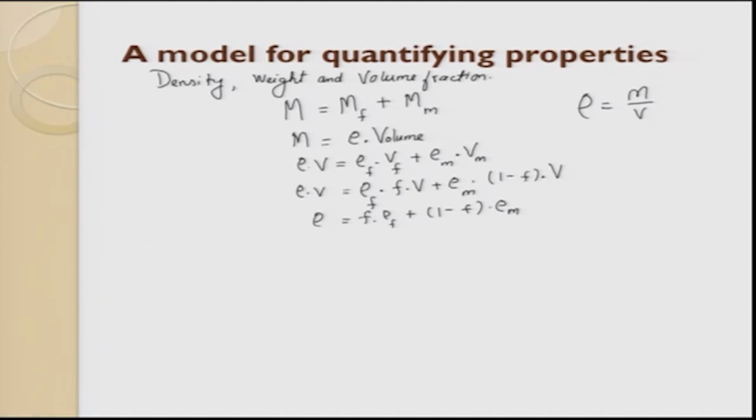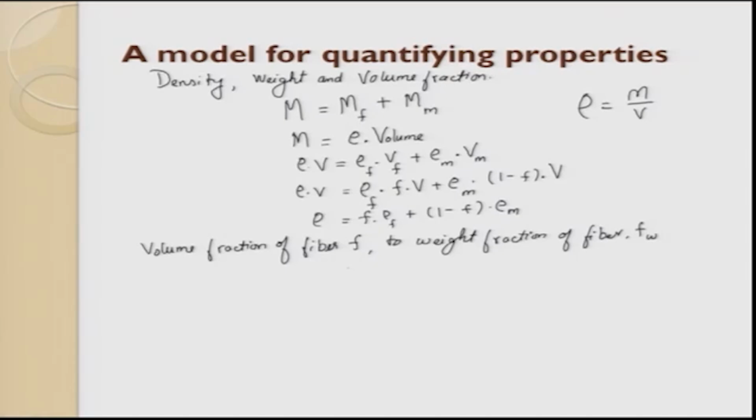Here, to convert the volume fraction of fiber, F, to the weight fraction of fiber, that is FW, we just need to establish a ratio between the mass of the fiber and the total mass.